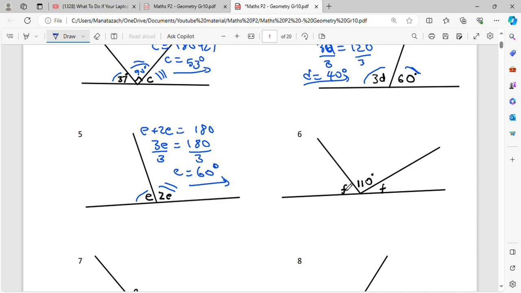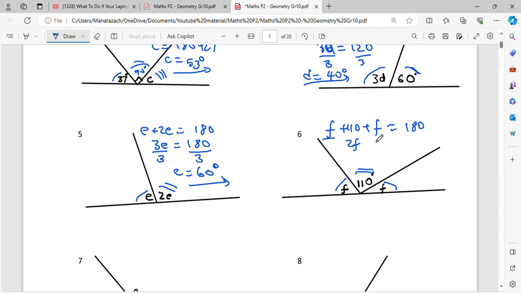And then question 6, we have two angles that are equal, angle F, they are equal. Remember, this diagram is not drawn to scale. It might not look like that. So in between you have 110. So you'll say F plus 110 plus F should give us 180.